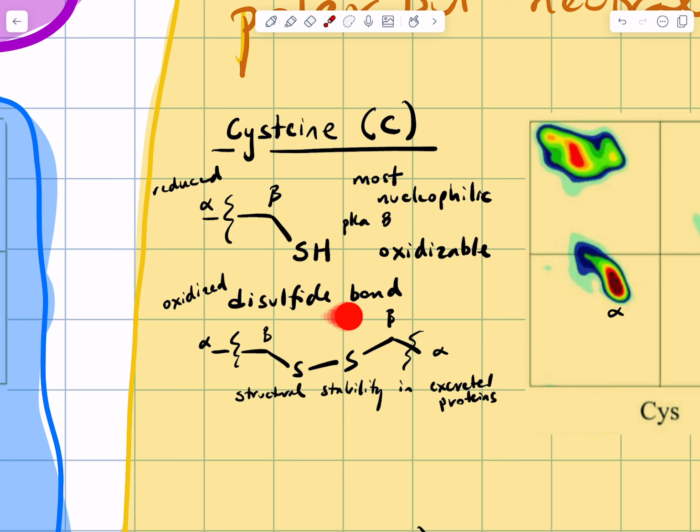That's called a disulfide bond, and that imparts structural stability in secreted proteins, especially extracellular proteins. Peptide hormones like insulin have disulfides. Cell surface receptors, antibodies have disulfides. Your hair, keratin, has disulfides in it.